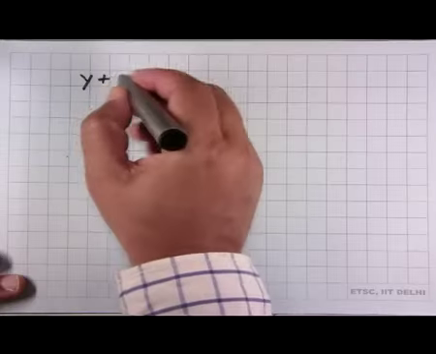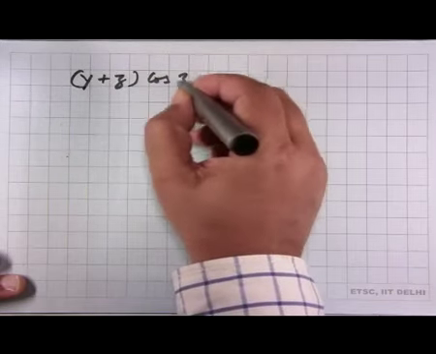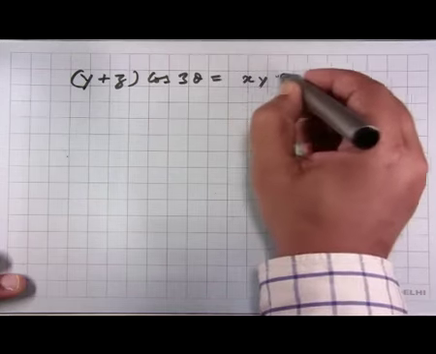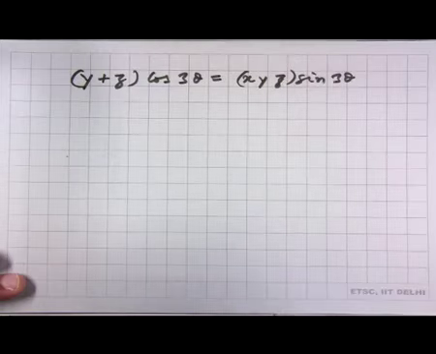The first equation was y plus z times cos 3 theta equals x y z times sine of 3 theta.